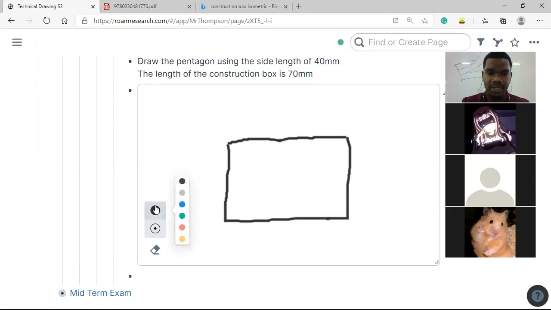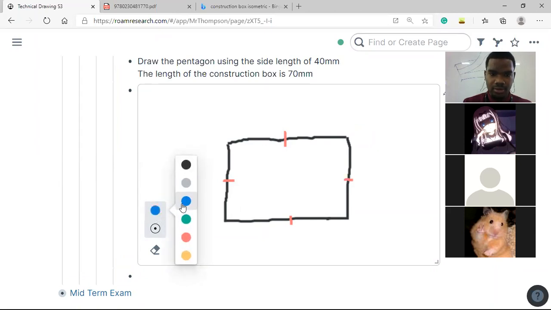Okay, let's mark off now for our pentagon. So I told you last class, you just simply have to divide the middle of each. All right. Then now, draw your pentagon as such.